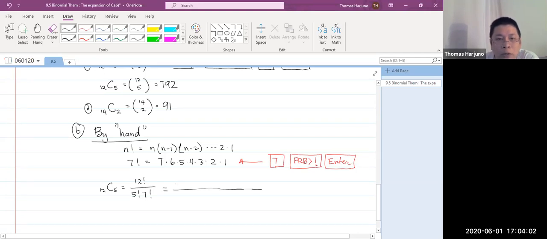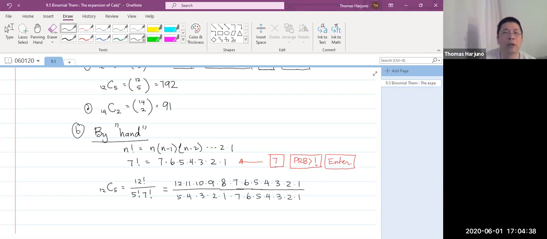So 12 factorial means 12 times 11 times 10 times 9 times 8 times 7 times 6, 5, 4, 3, 2, 1, over 5 factorial, 5, 4, 3, 2, 1, times 7 factorial, 7, 6, 5, 4, 3, 2, 1.